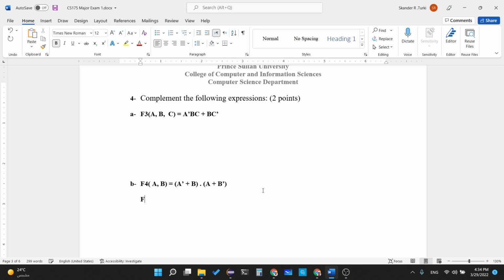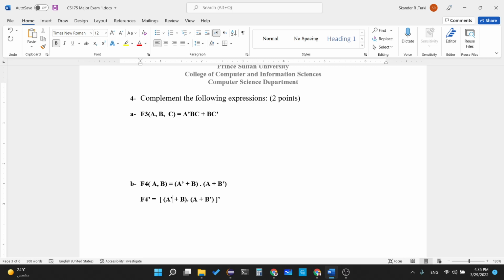So here F4 prime is equal to A and B bar, A prime or B, maybe I have to write this A or B. So all of this bar, is it okay?